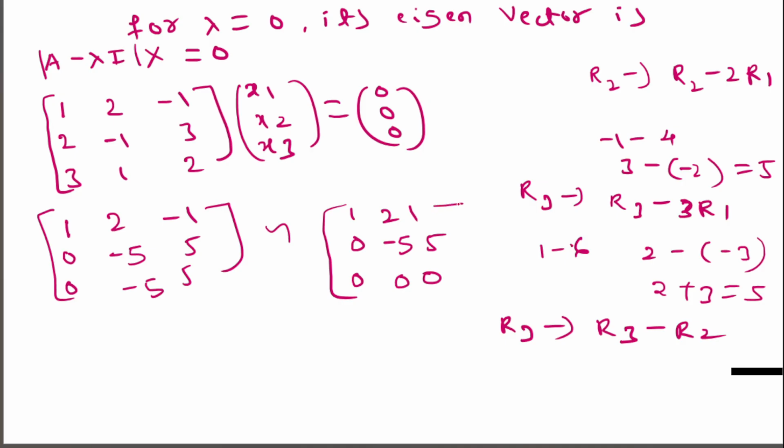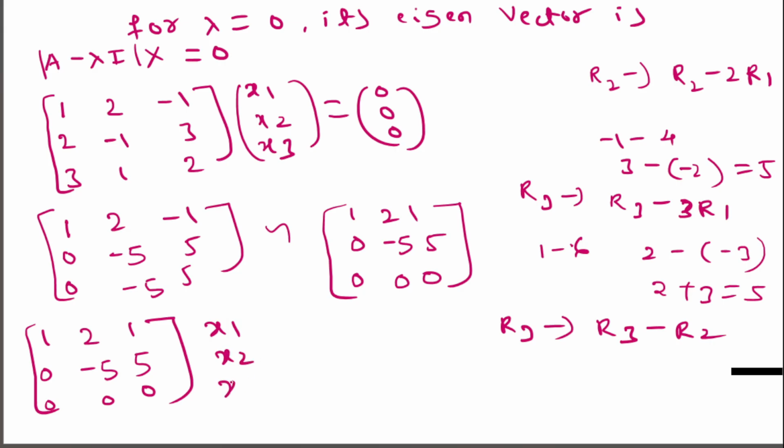Hence we make this an easy calculation by using the row operations. Next, the reduced matrix will be 1, 2, 1; 0, minus 5, 5; 0, 0, 0. Then its eigenvectors x1, x2, x3 equal to 0, 0, 0.